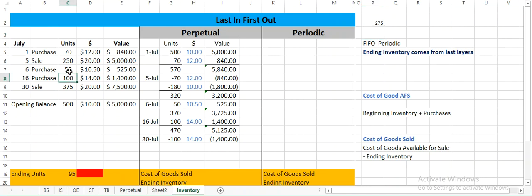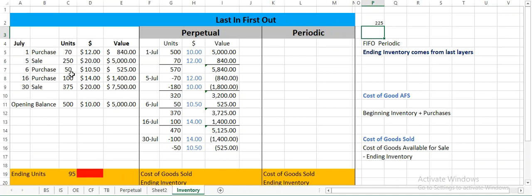The next layer is only 50, so that means we're going to use up that entire 50 layer. So 50 at 10.5. Calculate that. So we got another 50. Then we have 225 that's left over.